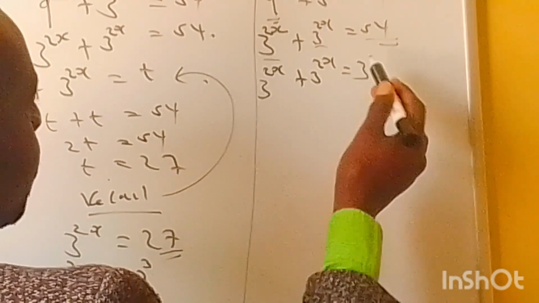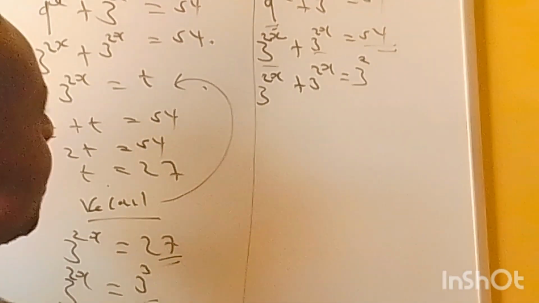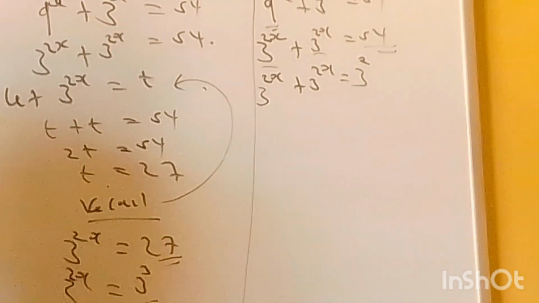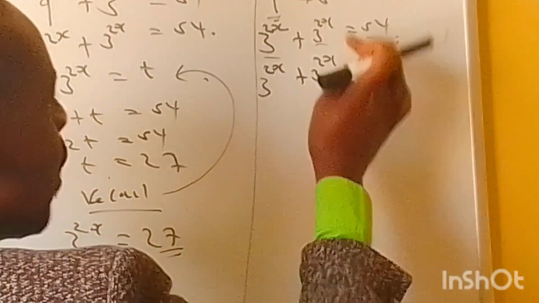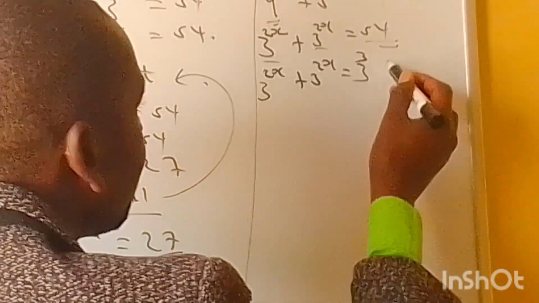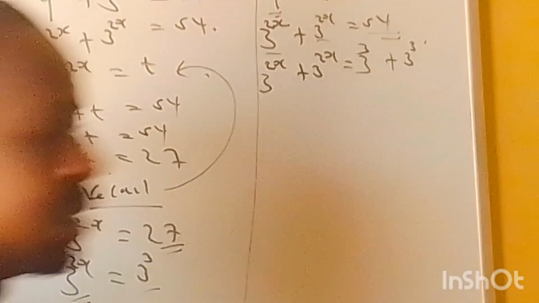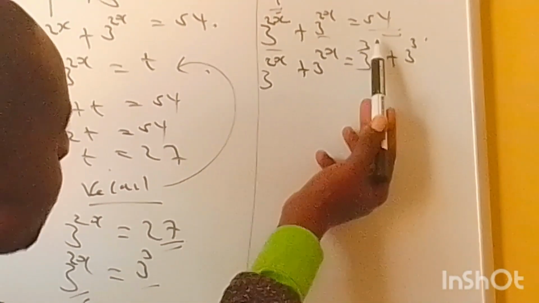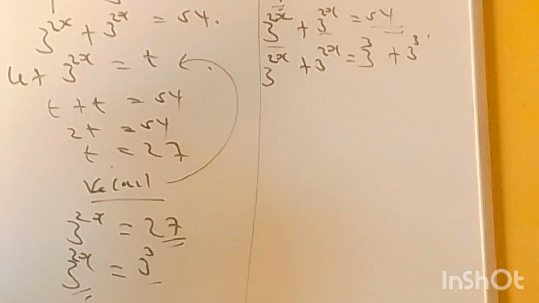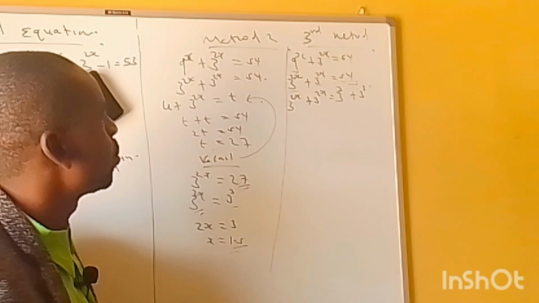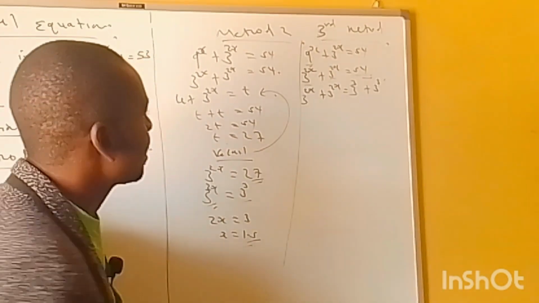So for us to break 54, it is going to be 3 raised to 3, which is 27, plus 3 raised to 3. I hope you're with me, because now 3 raised to 3 is 27, 3 raised to 3 is 27, and 27 plus 27 is equal to 54. So our equation is still intact.